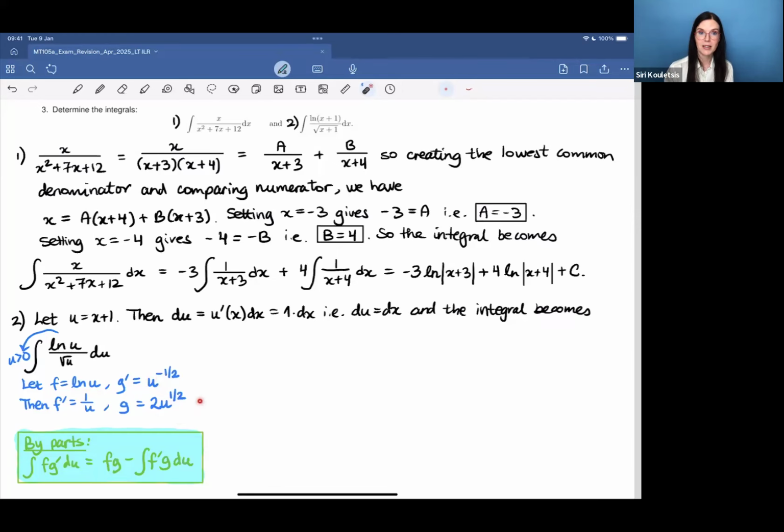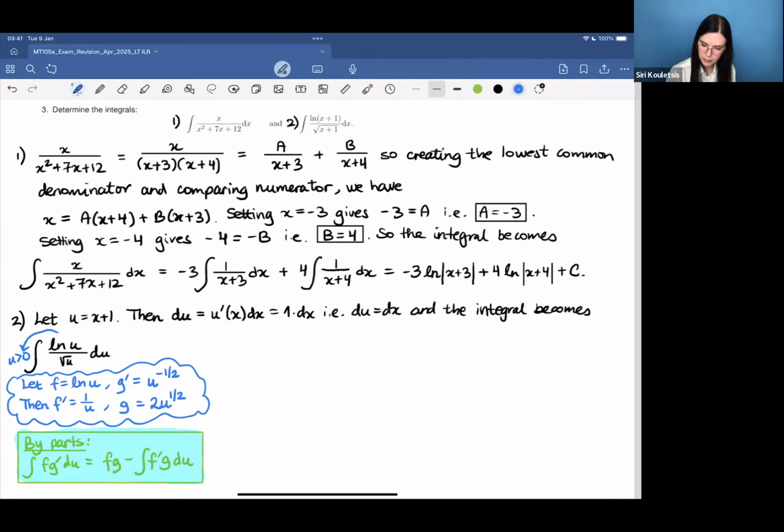So let's differentiate this. If we have any doubt whether we have done it correctly, power comes down, 2 times a half, that's 1. And then the power is reduced by 1. And so the new power is minus a half. And so indeed, we have done it correctly.